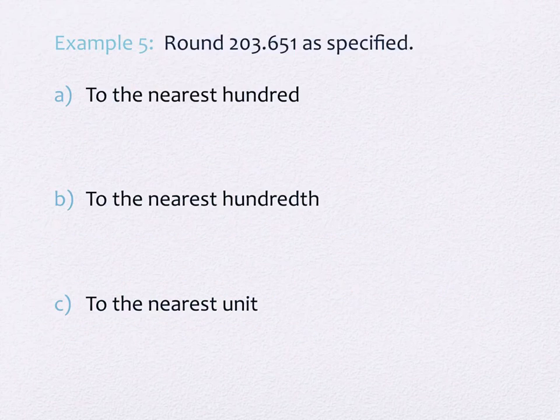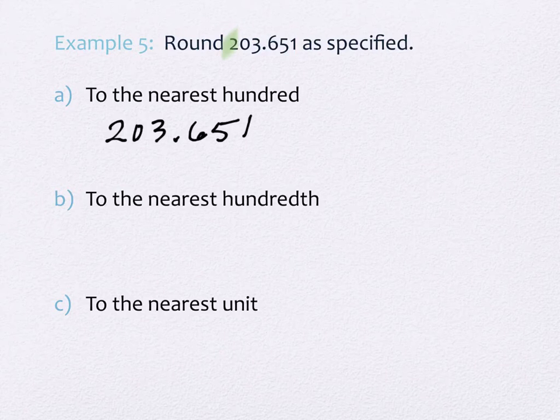So if we take a look at this example, 203 and 651 thousandths, we're going to round as it's specified. So the first one says to the nearest hundred. So what number is in the hundreds place? A 2. So I've got 203.651. This is the value that I'm trying to round.